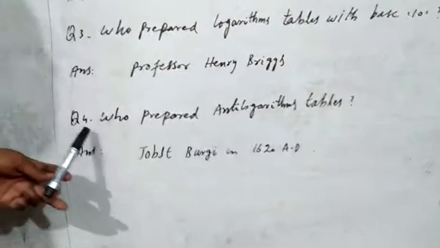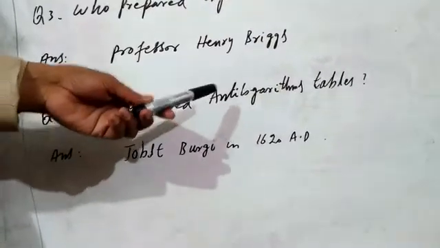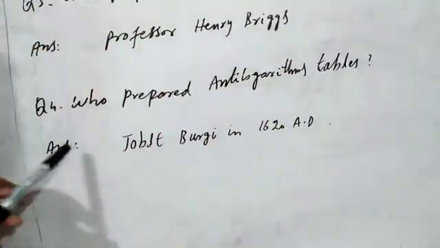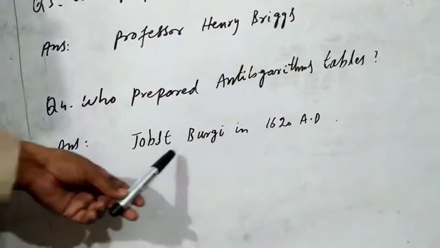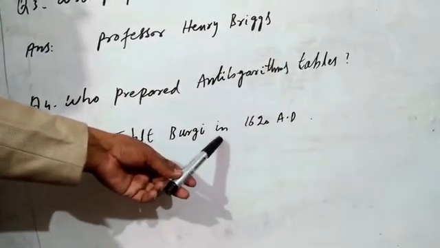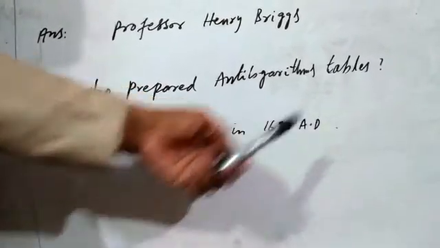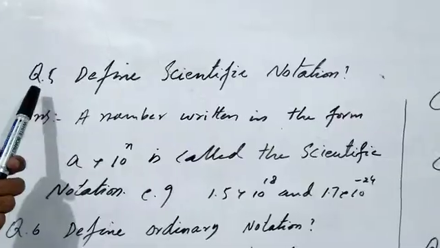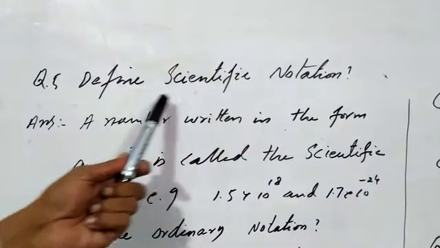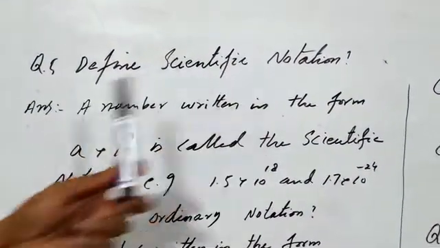In question number 4, who prepared anti-logarithm table? Answer is Jobst Burgi prepared anti-logarithm tables in 1620 AD. And in question 5, define scientific notation.